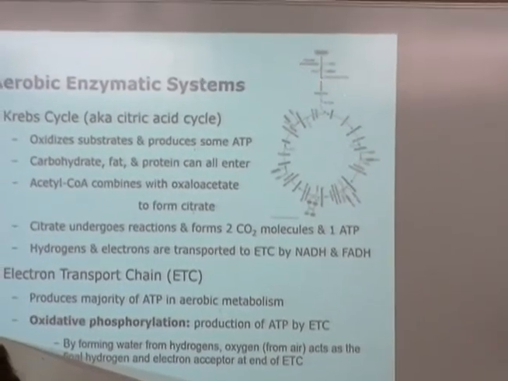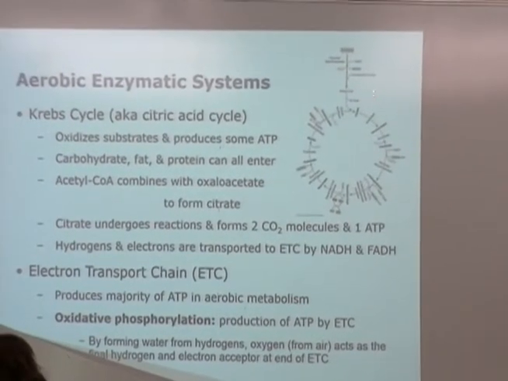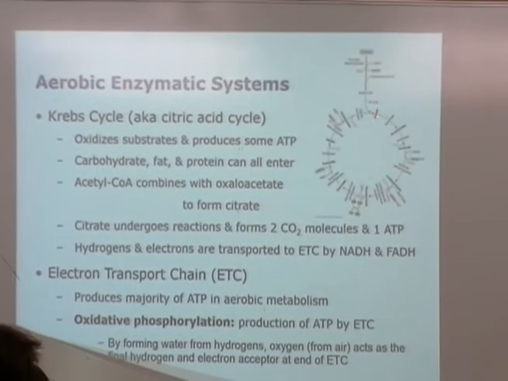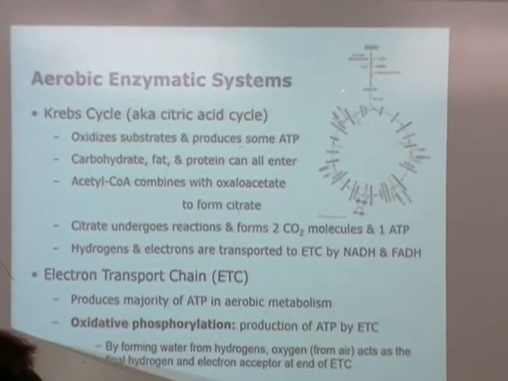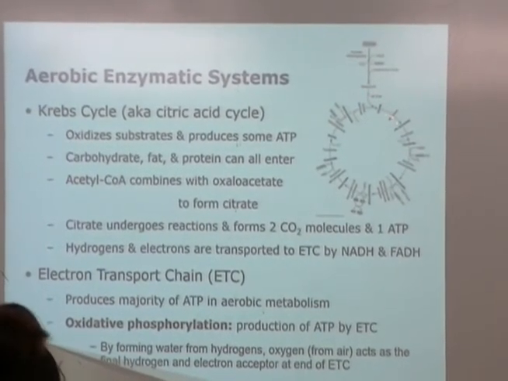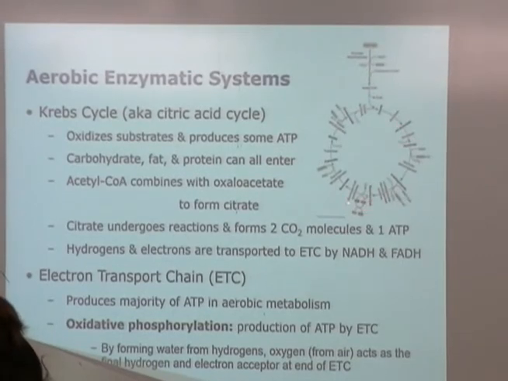So acetyl-CoA feeds into Krebs cycle. Krebs cycle oxidizes the acetyl-CoA. So we get one ATP given off, okay, about halfway through the cycle, for one acetyl-CoA.